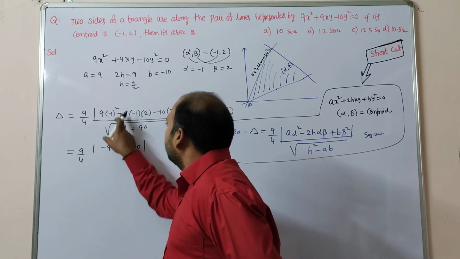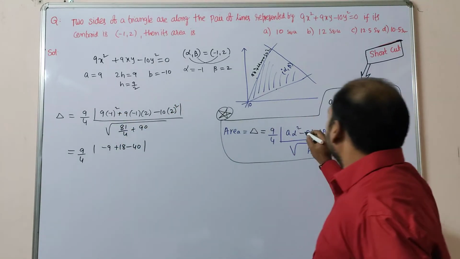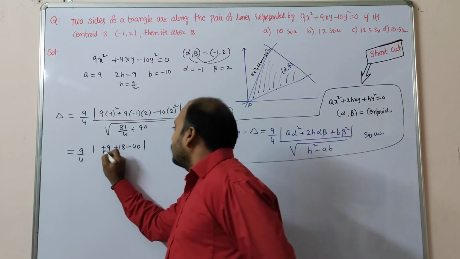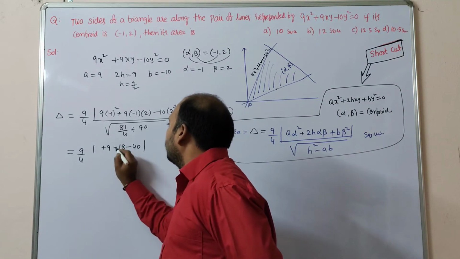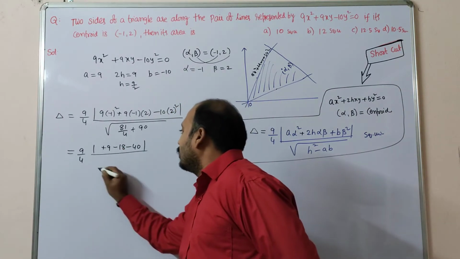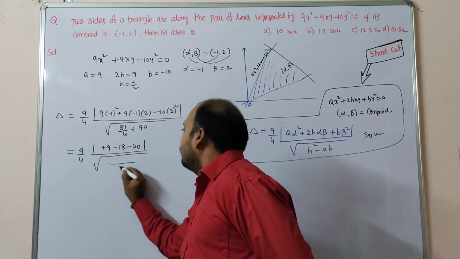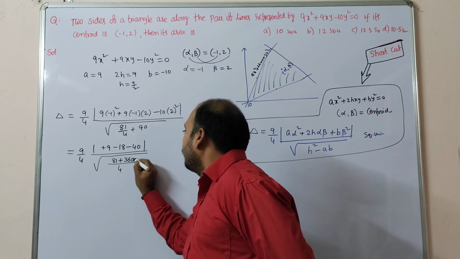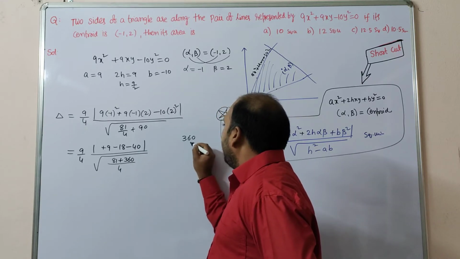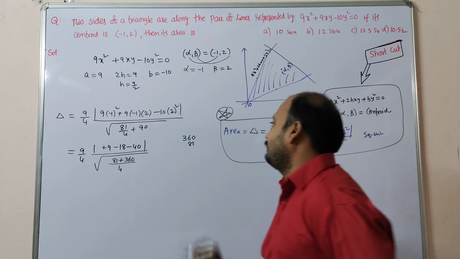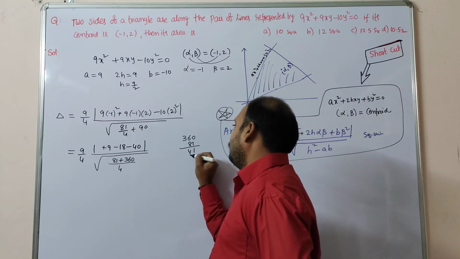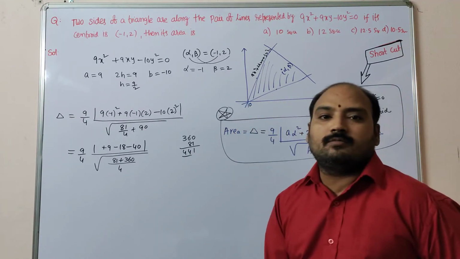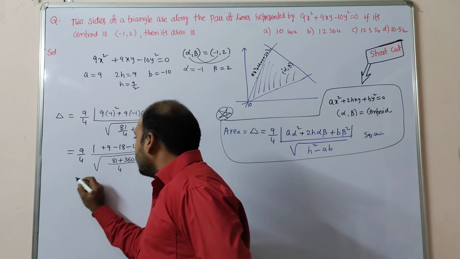Sorry, one minute. This is correct only. Here I forgot, this one is minus only. Divided by root over LCM 4, 81 plus 360, 360 and 81, that is 441. 4 you can take outside, 2 will come now.